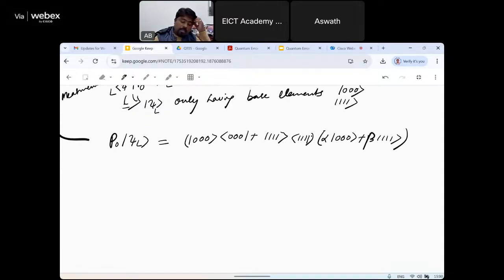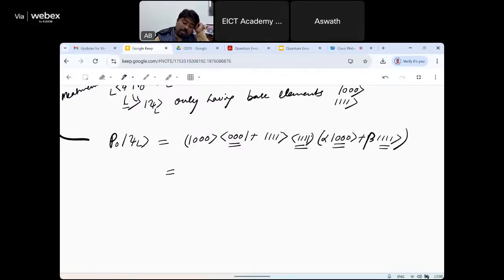Now if you see, the inner product between this and this is 0, and between this and this is 0. There are supposed to be 4 terms, but only 2 terms would come. What are those terms?